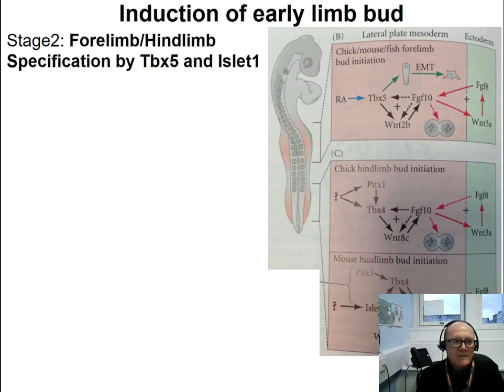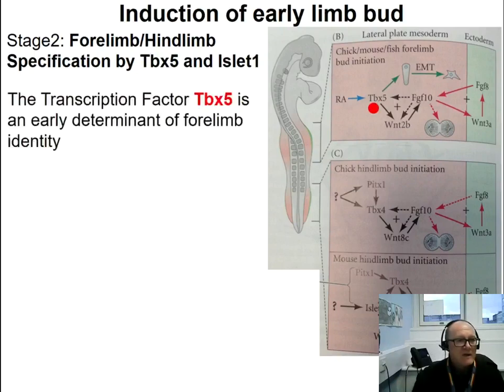There are two particular genes that are expressed in the forelimb and the hindlimb that are the very early sign of forelimb and hindlimb determination. For the forelimb, retinoic acid induces expression of TBX5. And TBX5 is one of the very early determinants of forelimb formation or identity.